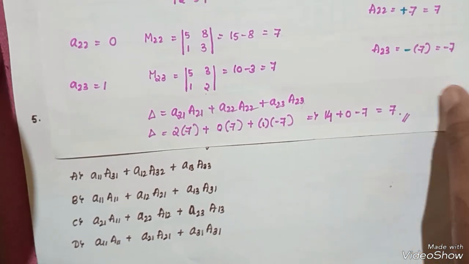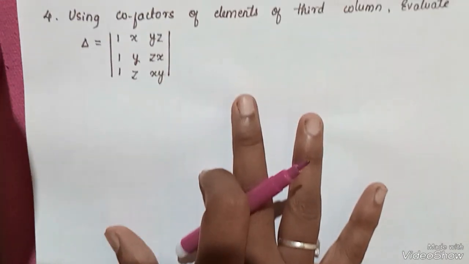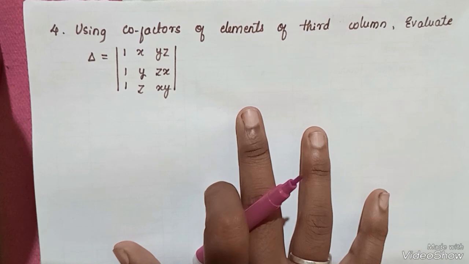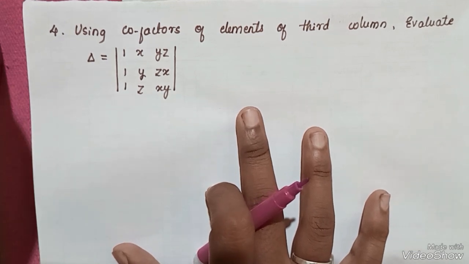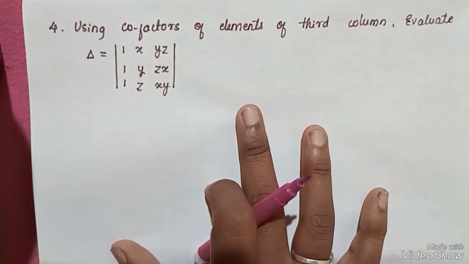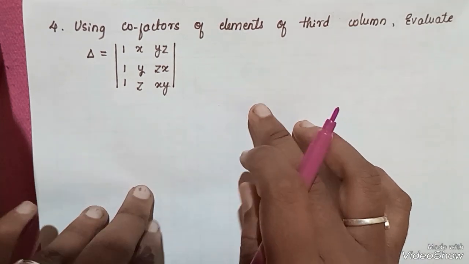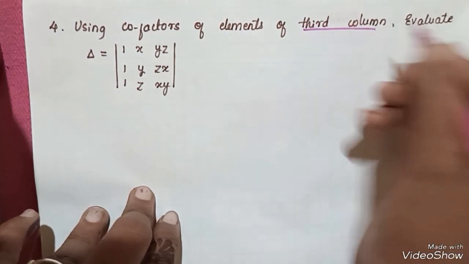Then the next, question number 4. Here, using the cofactors of the elements of the third column, you have to evaluate the delta. They give a third column.